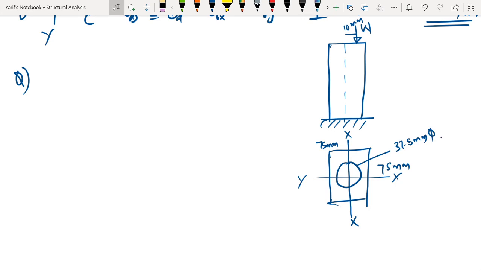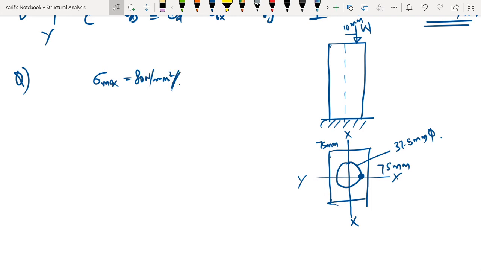Now what we have to understand is, the load is assumed to act with a single eccentricity. So the load is supposed to act here. There is no eccentricity about the y-axis, there is only eccentricity about the x-axis. Now we are told that the maximum compressive stress is 80. So sigma max that can occur is 80 Newton per mm square.